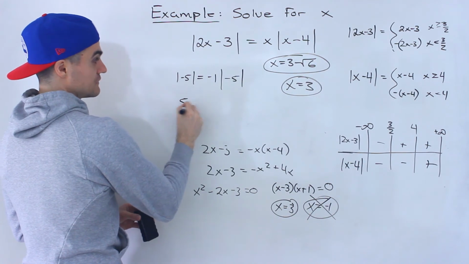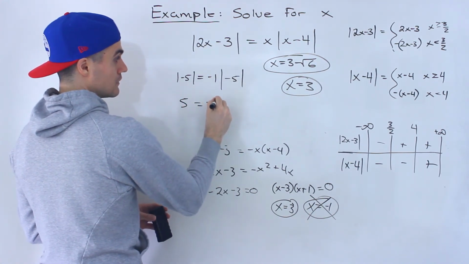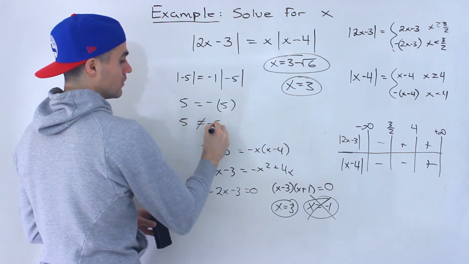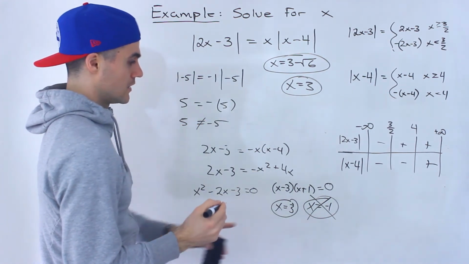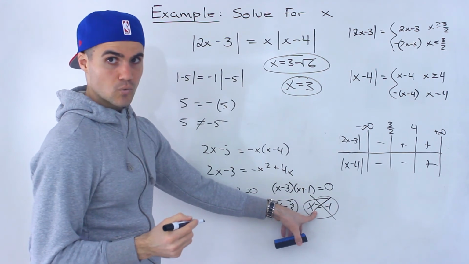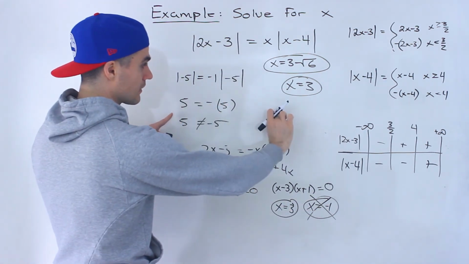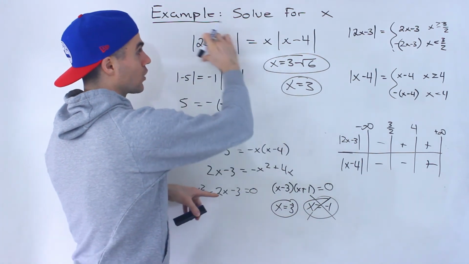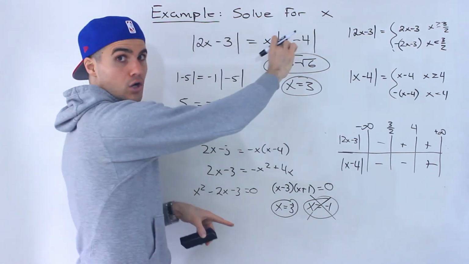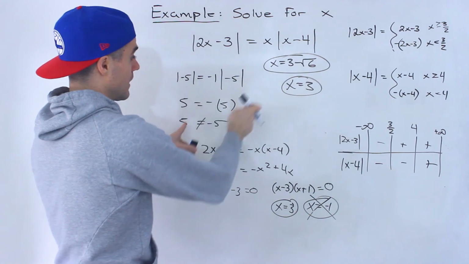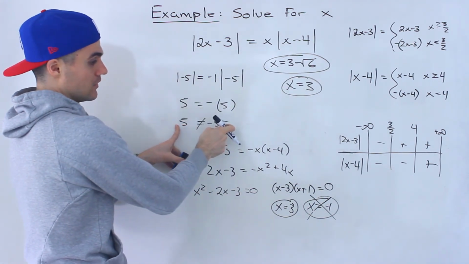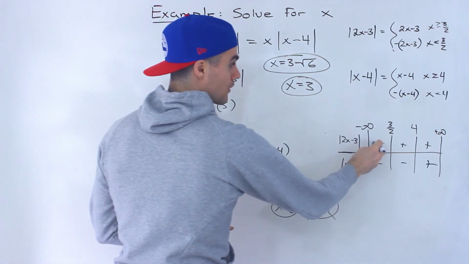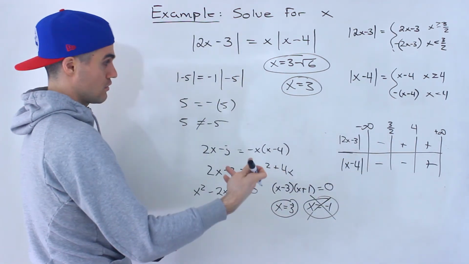Absolute value negative 5 is 5, so the right side would be negative 5, but notice that 5 does not equal negative 5. So this does work on the equation we had here after we got rid of the absolute values, but it doesn't work on the overall equation with the absolute values, as I just showed here. Right? So you got to be careful in checking the solutions you get, whether they're on the interval that you're working with.